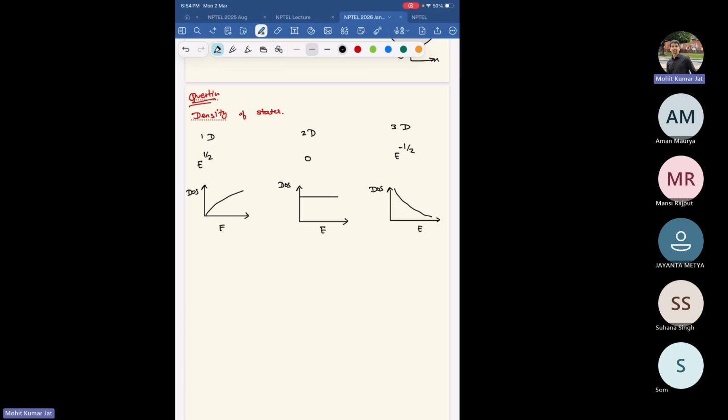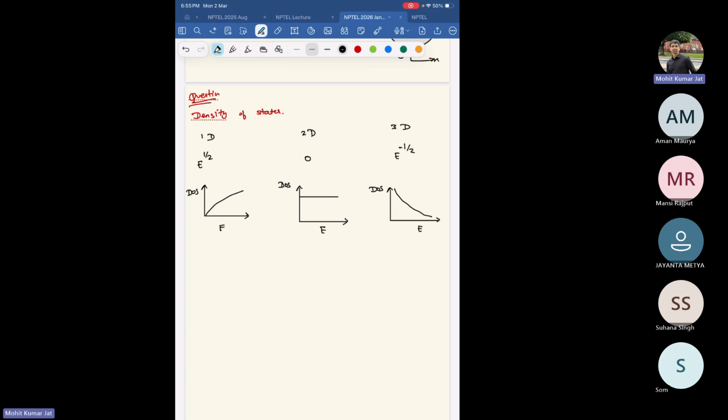And this comes from the fact that we assume our dispersion relation to be parabolic, that the energy goes as k square. But that's not the case in graphene. In graphene, energy goes linearly with k, not k square.